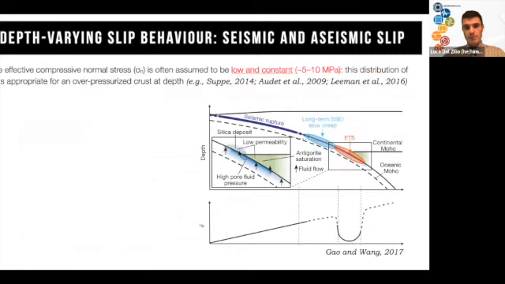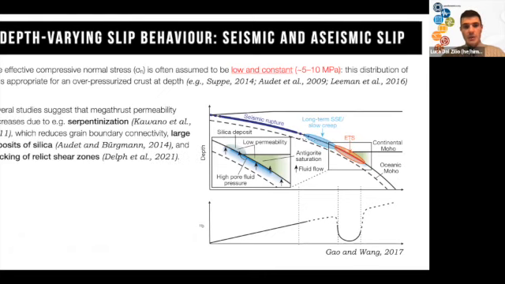Now, when we think about subduction megathrust, we typically assume that the pore fluid pressure down there is very high, and therefore the effective normal stress is very small. We have different studies, either experimental or numerical simulations, where the effective normal stress is very small, of the order of 5 to 10 megapascal.